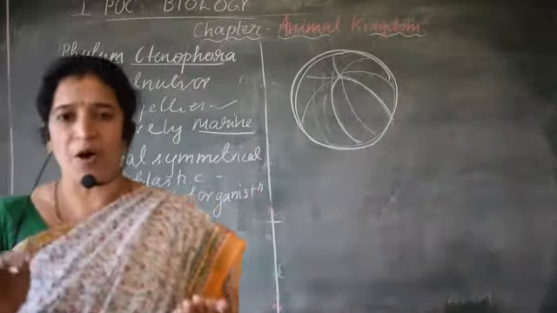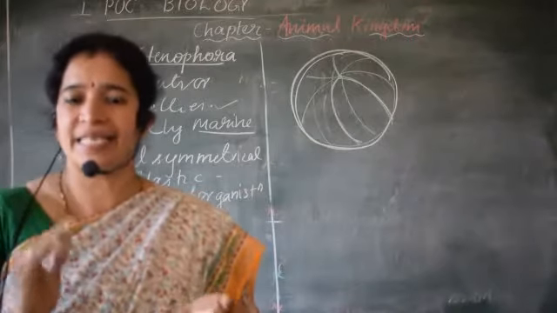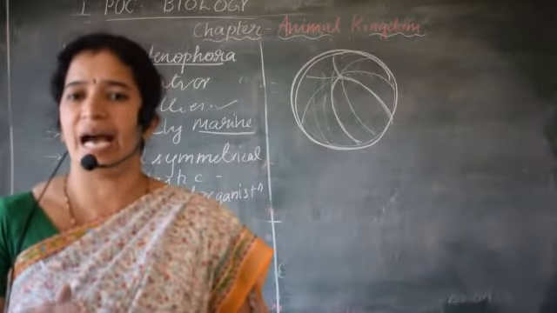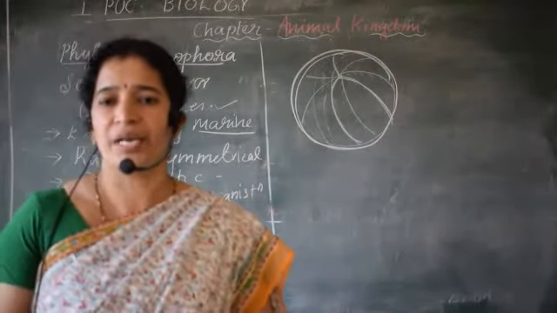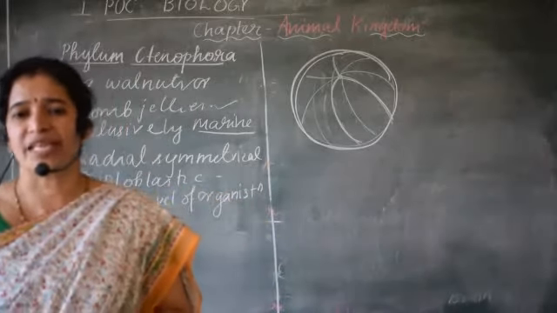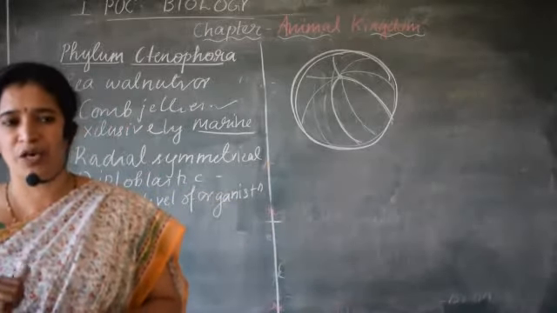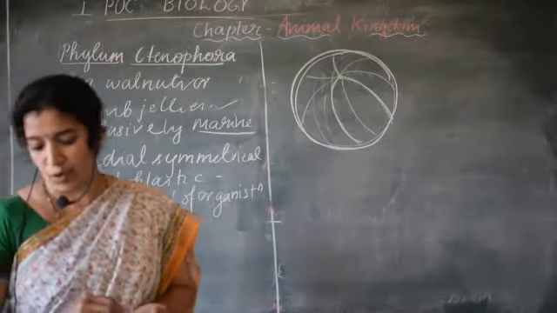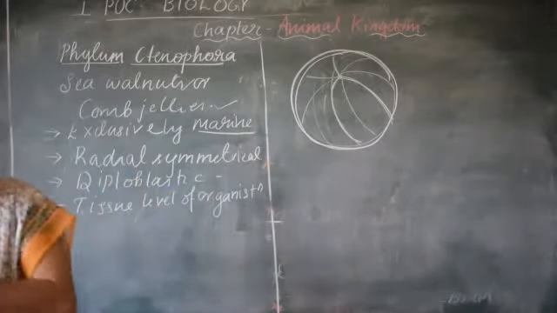So the body bears 8 ciliated, vertically arranged comb plates which help for their locomotion. So because of that, it is known as comb jellies or sea walnuts.